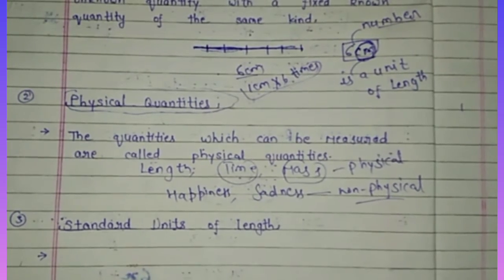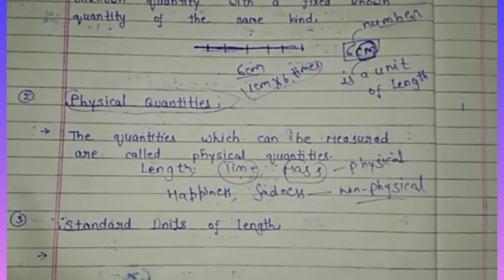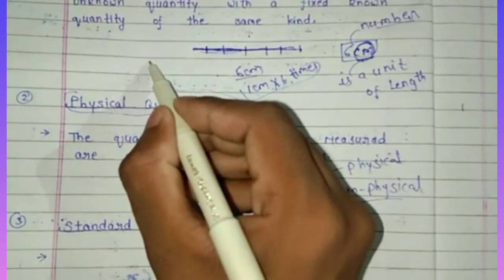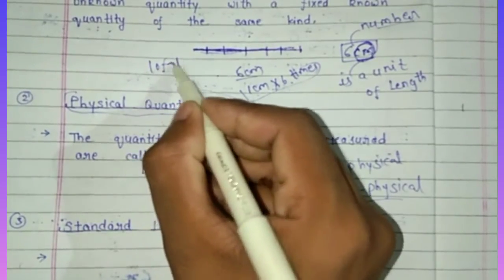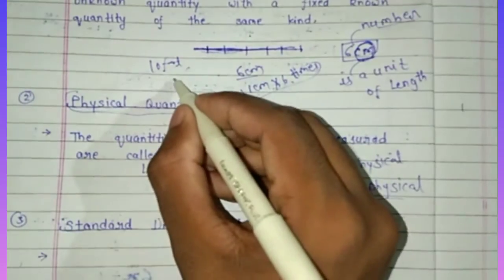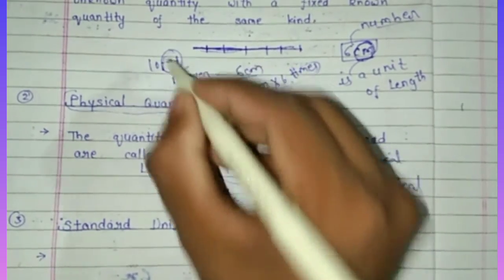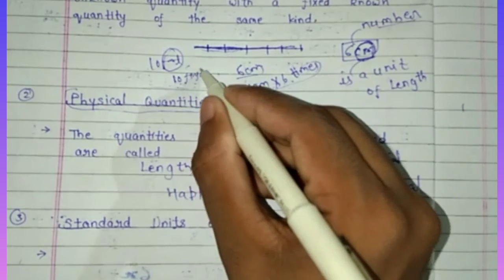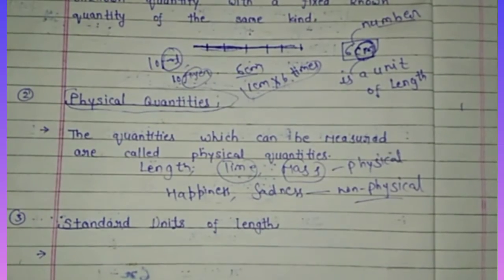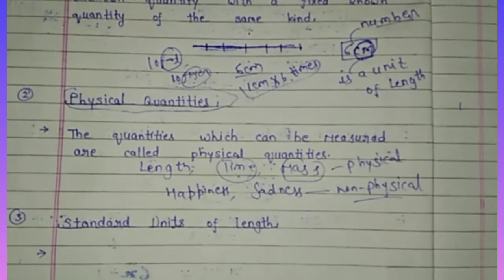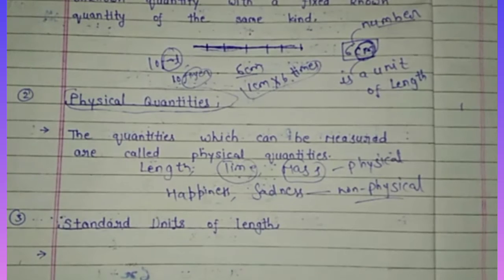What if somebody tells you that this line is 10 foot, and some other person says this is 10 finger? What if they measure this with foot and another person measures this with finger? So that is not good, that is not fair. We have to take a standard unit that will be taken everywhere, so that there will be no confusion in reading, in studying and doing further experiments.